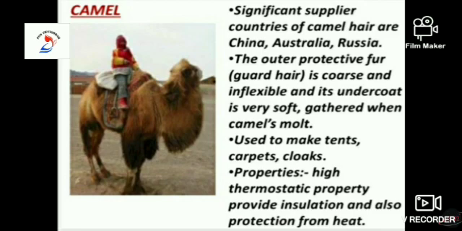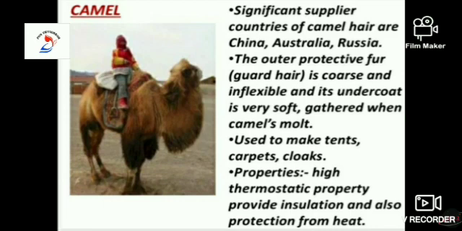So when we talk about camel, the significant supplier countries of camel hair are China, Australia and Russia. The outer protective fur is coarse and inflexible, and its undercoat is very soft, gathered when camels molt.